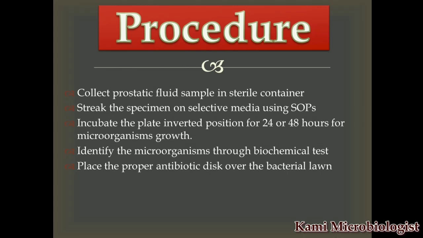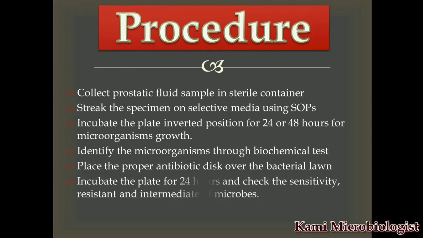You will make the bacterial lawn and place the proper antibiotics which are against the selected or isolated organism. Once the antibiotic is placed, you will incubate this plate to check the sensitivity, resistance and intermediate of the microbes. Last, you will report the test.